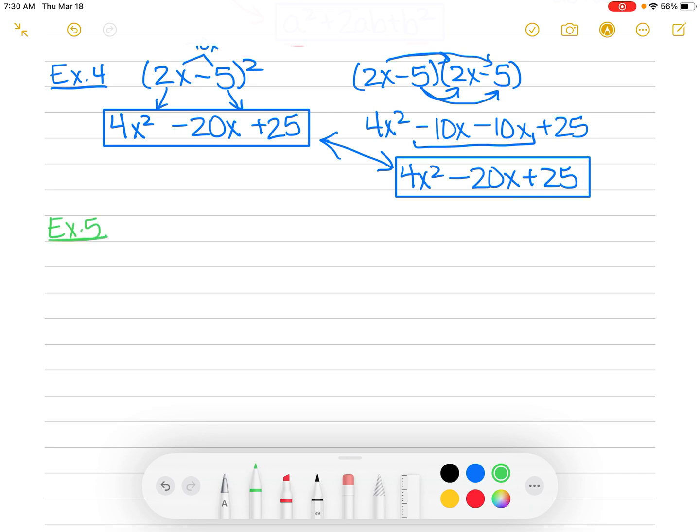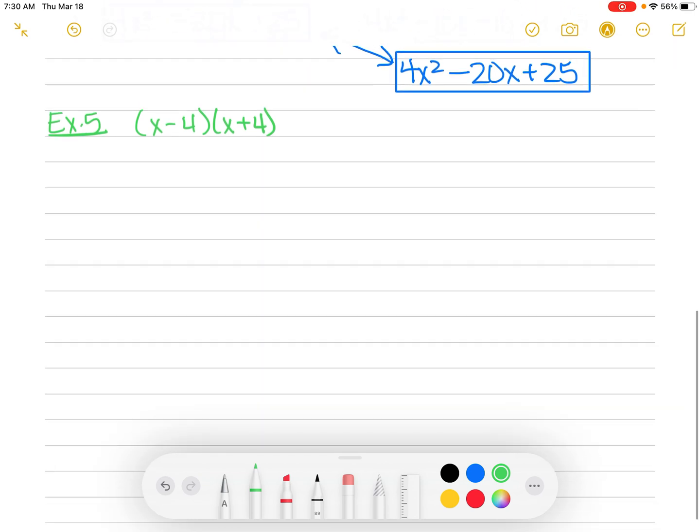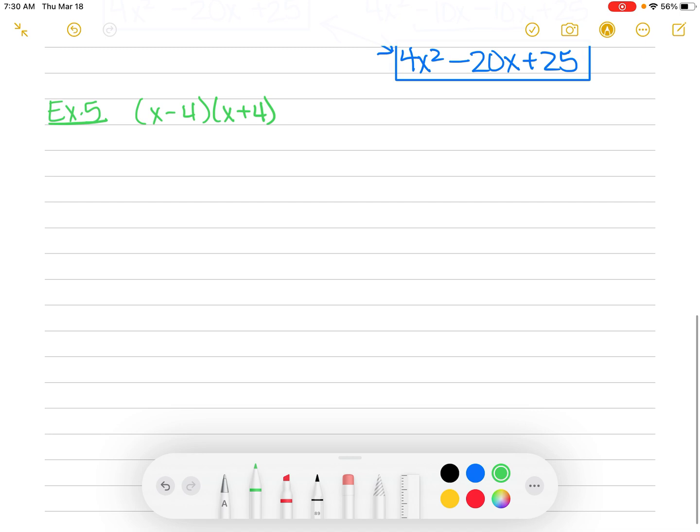So I'm going to have x minus 4 times x plus 4. So what makes this one special is that the parentheses are exactly the same, except one is minus and one is plus. So we're going to do this one together, and then we'll do the next one on your own, and then on the third one, I'll show you the shortcut trick.